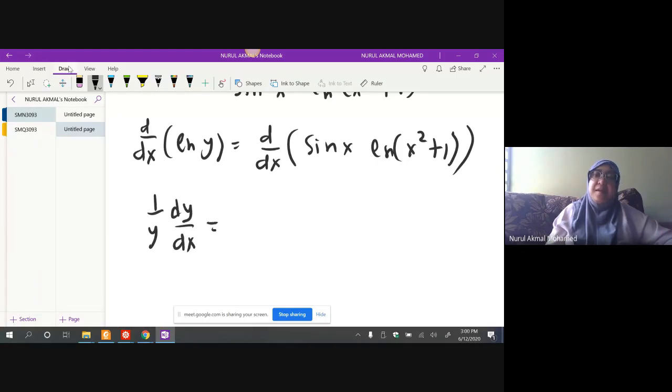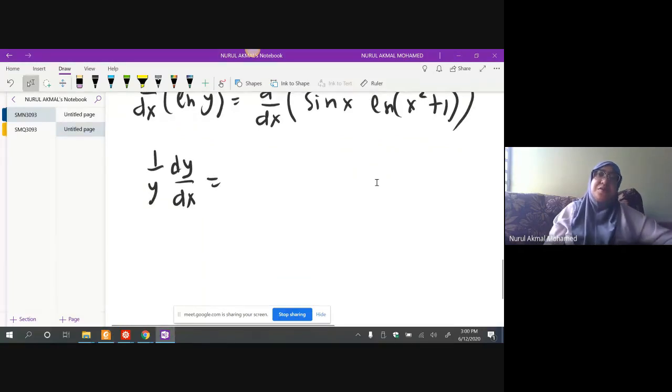What about the right hand side? For the right hand side, you have to use the product rule, where your u is sine x and your v is ln of x squared plus 1.